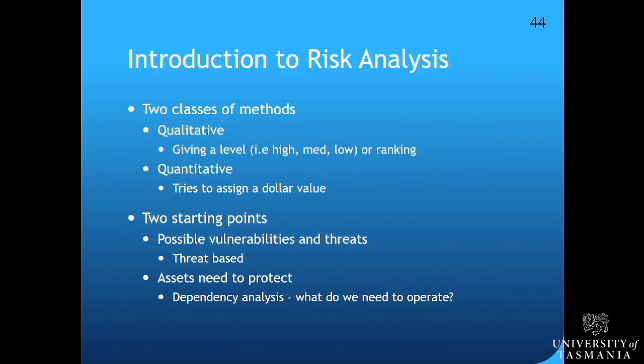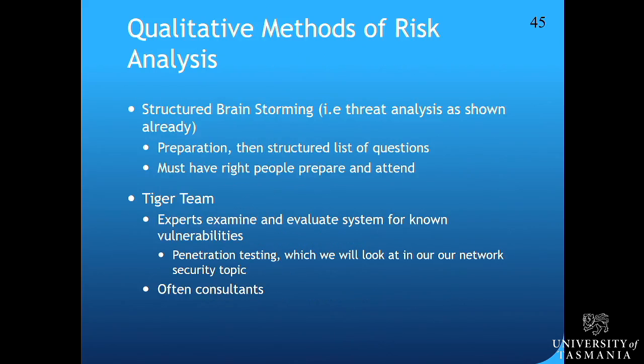How much are they worth? What's our dependency analysis if one of these things goes down? How much money do we lose per hour of outage? And do it very much from a money-driven side of it. Both of those methods work, obviously, but we're focused more on the threat-based because that's using our knowledge.